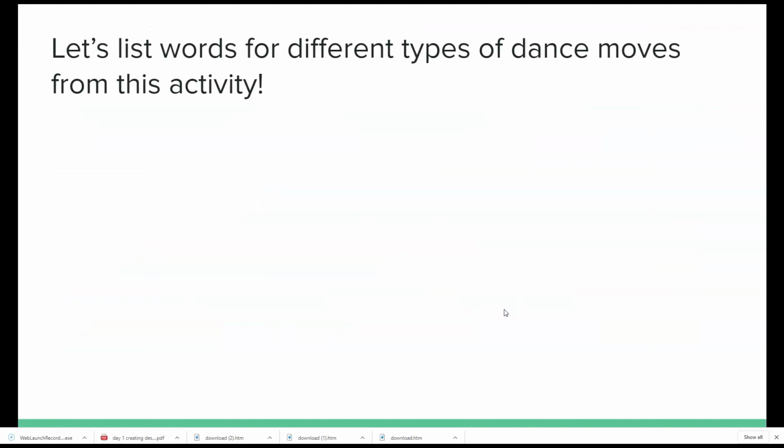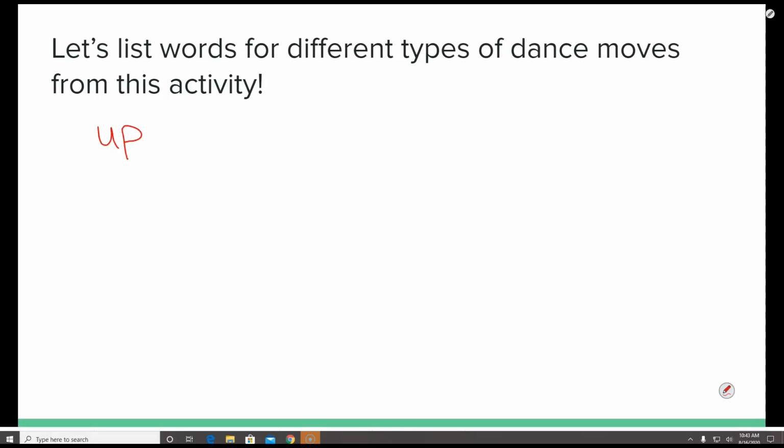So first of all, let's talk about some of the moves you came up with for your dance moves. Some of them might have been just basic words, like maybe you said that your triangle went up, or maybe you said it went down, to the left, to the right.